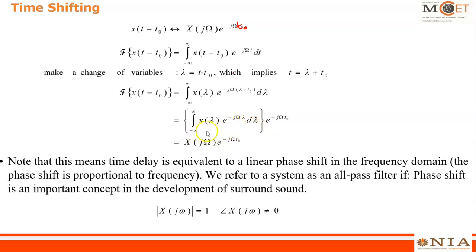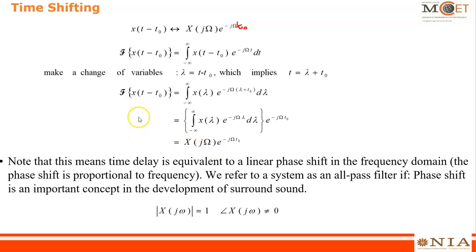So this is again the Fourier transform of x of lambda, which is expressed as X of j omega. So this entire integration term, comparing to Fourier transform equation, is written as X of j omega. And outside the integration, we have e power minus j omega t naught, which is a constant term, which is multiplied with X of j omega.